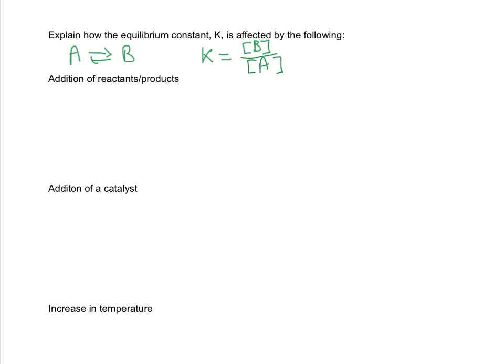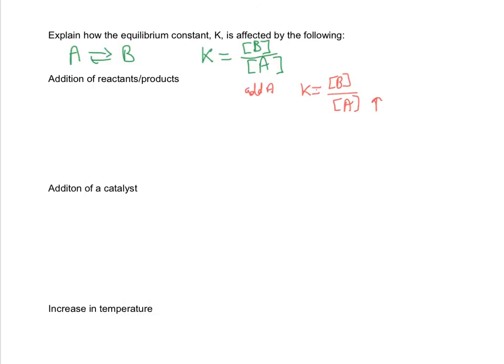So let's say that I add a reactant or a product, or I remove a reactant or a product. Well, let's say that I add A. So let's look at how that's going to affect K. So K is the concentration of B over the concentration of A. So let's say I add A, so this number will increase.